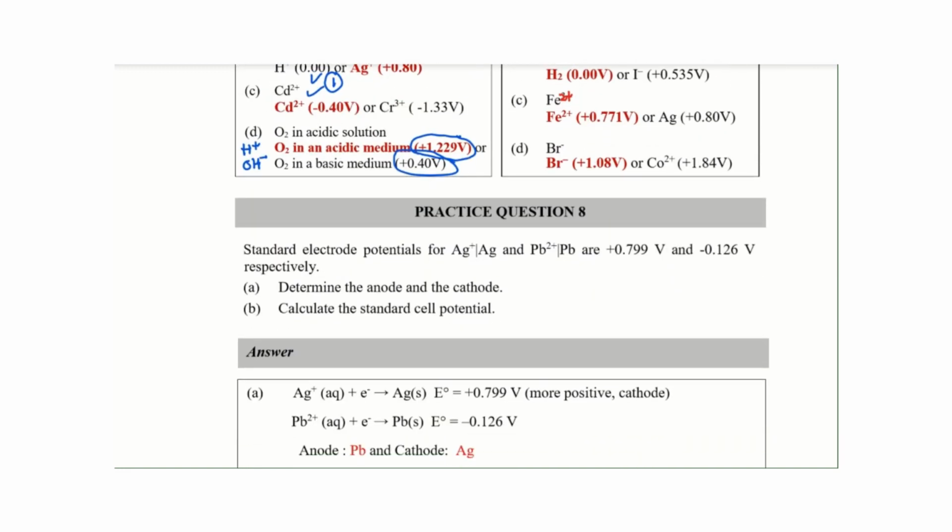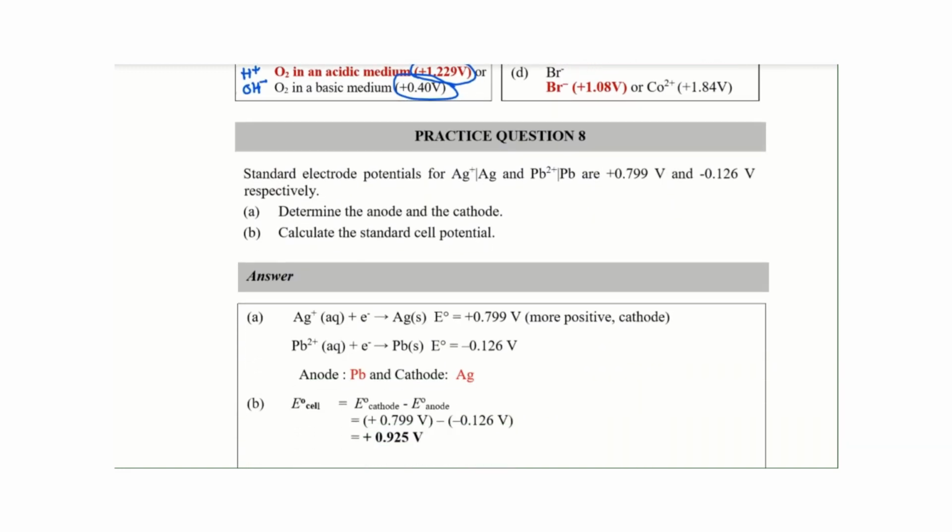Practice question 8. Given standard electrode potentials for Ag+, Ag and Pb2+, Pb are respectively 0.799 and negative 0.126 volt. Determine the anode and the cathode.